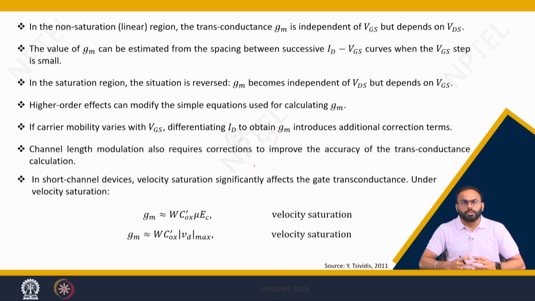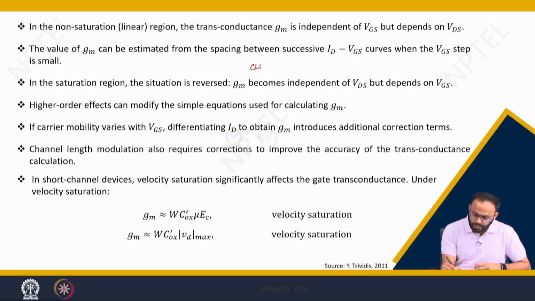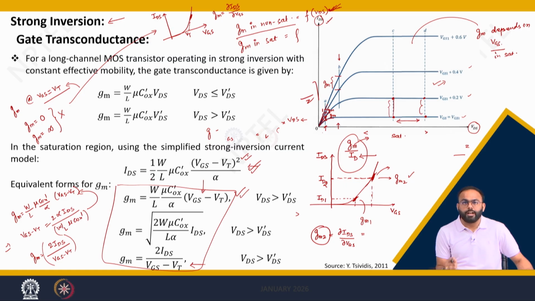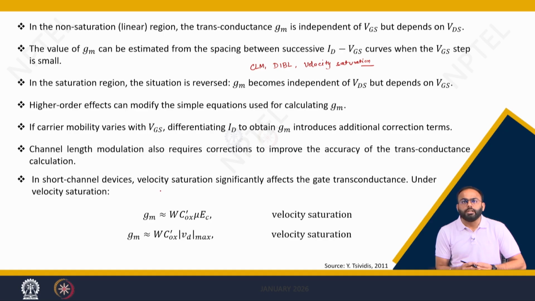But when you are talking about short channel devices, several factors come into picture like CLM, channel length modulation, DIBL, velocity saturation, and so on, which simply says that the current is no longer completely square dependent. We do have several factors, and while calculating gm we need to consider these factors to get the precise calculation of transconductance. Let us take an example.